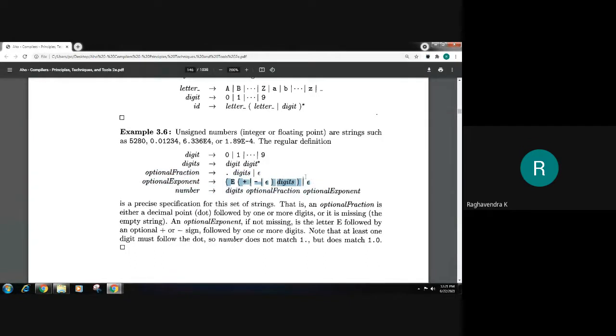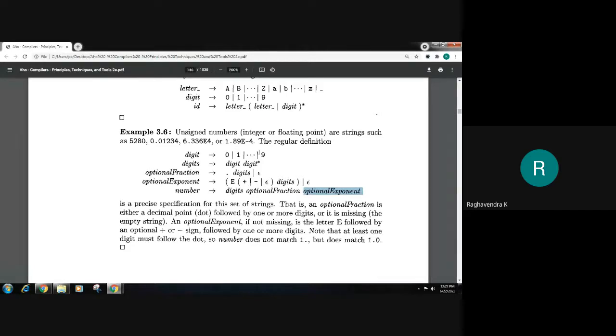It may be there, may not be there; that's why we also include epsilon. So digits first, followed by the optional fraction part, then followed by the optional exponent part. This gives us the definition of an unsigned number.